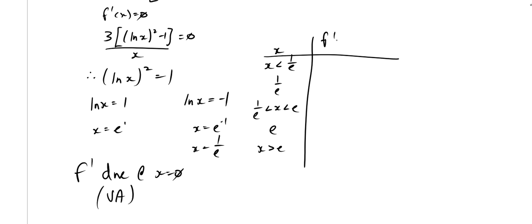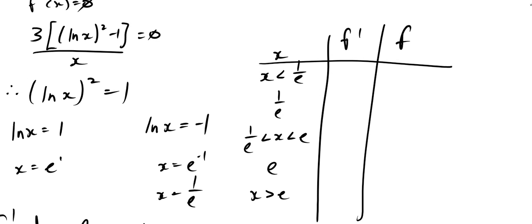So we got F prime and F. Again, I'm going to use my calculator, and I'm going to plug in the formula in here because it's going to be a little bit easier to do that, I think.